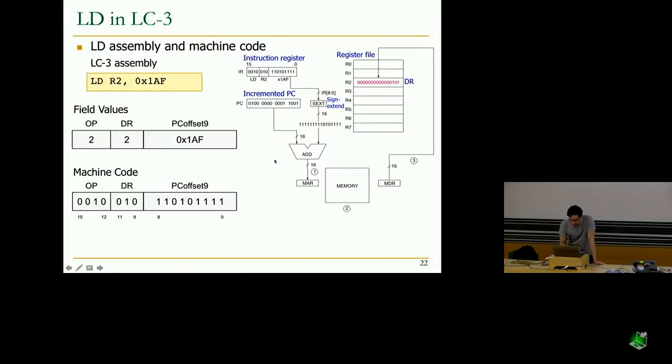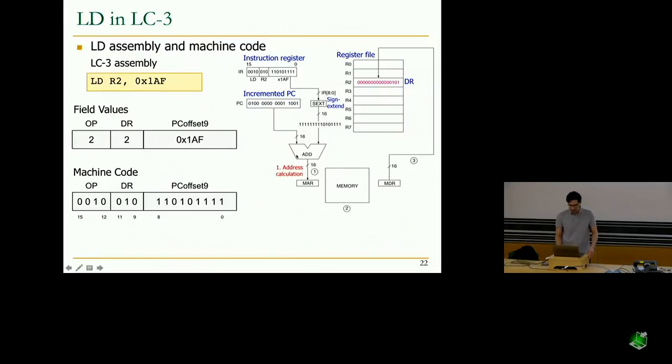One interesting thing here is that this add element that you see here is not the ALU. It's a separate adder that the data path has. You will see later where this adder is located. So let's take a quick look at the steps.